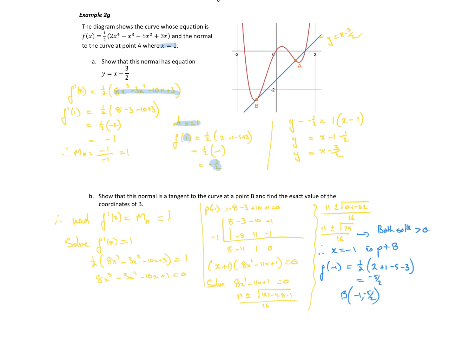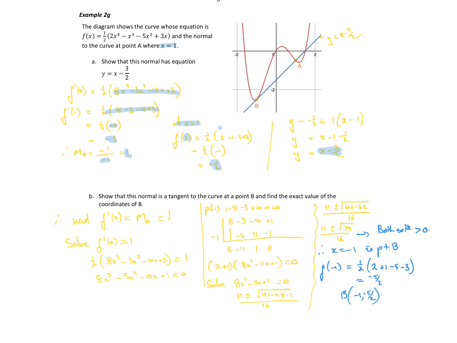So at x equal to 1, I get f dash of x is equal to negative 1, which means the gradient of the tangent line at x equal to 1 is negative 1. So the gradient of the normal line is negative 1 over negative 1, which gives me positive 1. So I've got a point and a gradient, y minus y1 equals m times x minus x1, and we get our x minus 3 on 2.